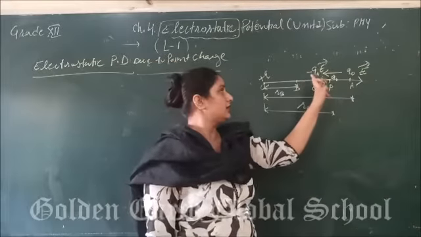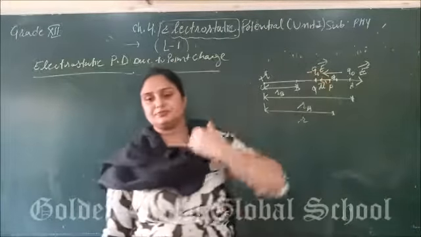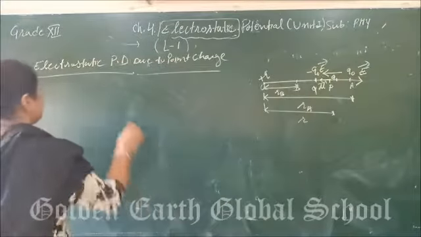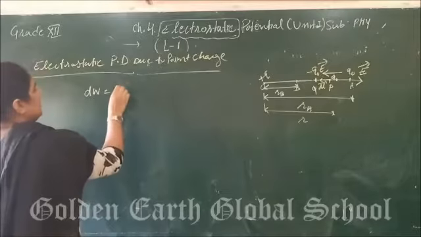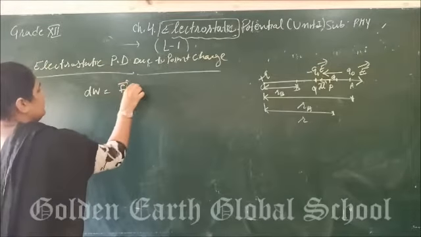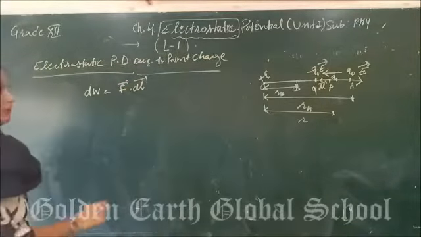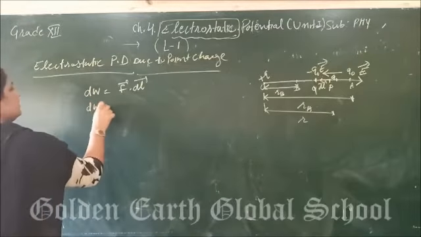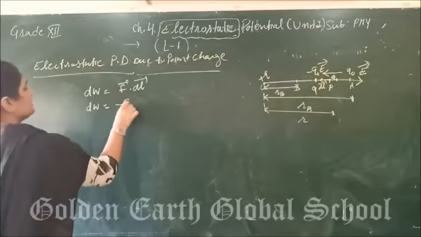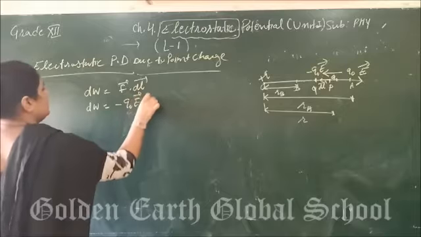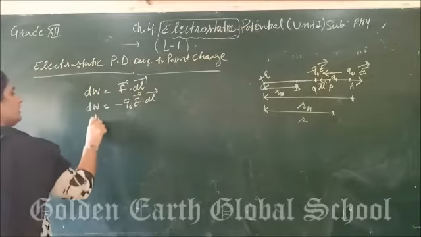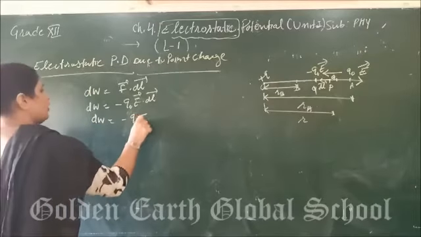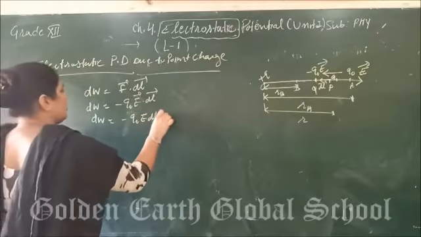That's why I have taken a negative sign here. Now, the total small work done, dW, will be equal to F dot dl. From here, dW is equal to minus Q0 E dot dl. Now open the dot product. dW is equal to minus Q0 E dl cos of.